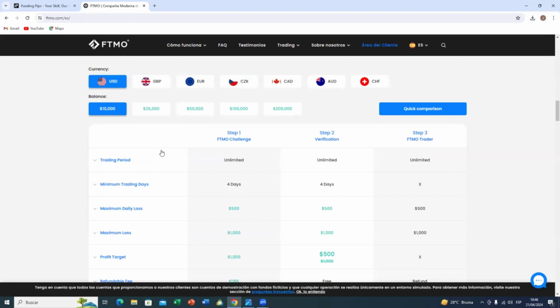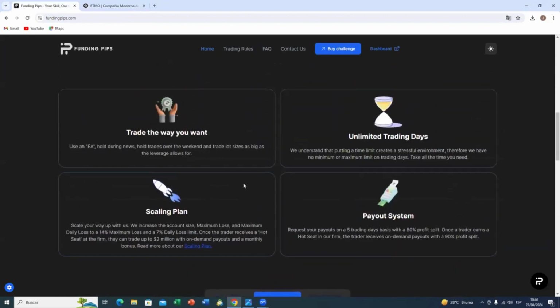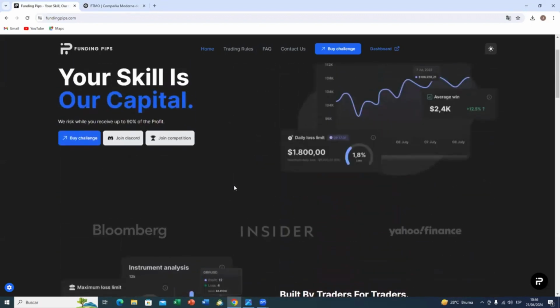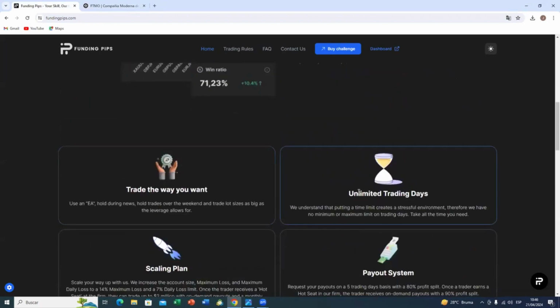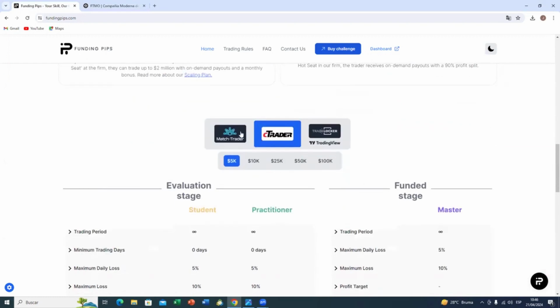So currently they have MatchTrader, cTrader, and TradeLocker. For me personally, if you are going to choose FundingPips, you must go for cTrader, which is the most stable platform, oldest in the market. It is already more developed, because this platform does not present any inconvenience, and if you are users of the United States, you have to choose MatchTrader or TradeLocker, one of those two platforms.